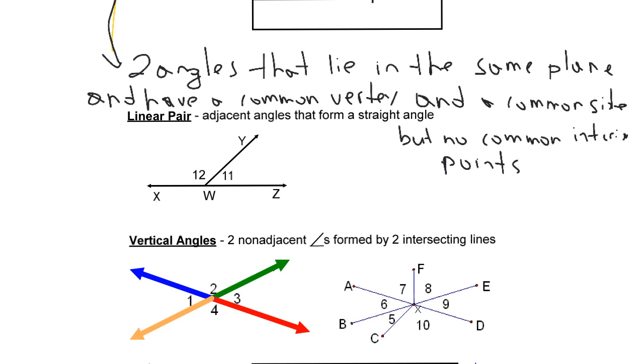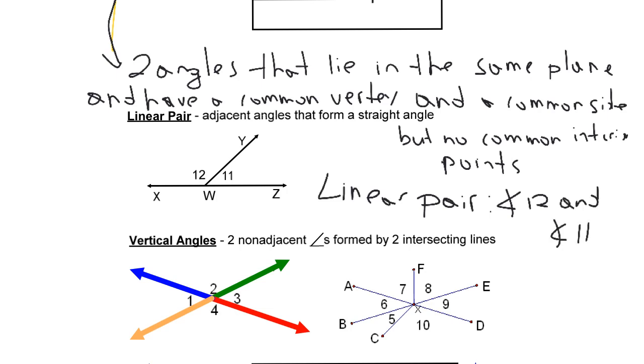In this example, angle 11 and angle 12 are a linear pair, angle 12 and angle 11. Again, look at the words linear pair. That will help you to understand the definition.